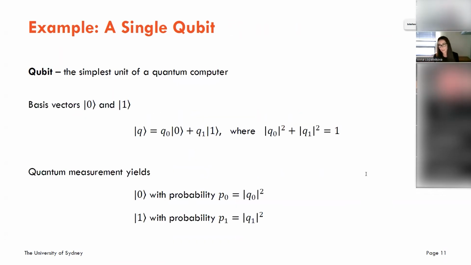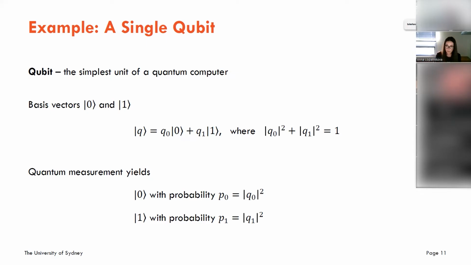To give you a more concrete example, a single qubit. A qubit, as you may have heard, is the simplest unit of a quantum computer. It's a quantum analog of the classical bit. The classical bit, the simplest unit of a classical computer, can be in one of two states, either 0 or 1.